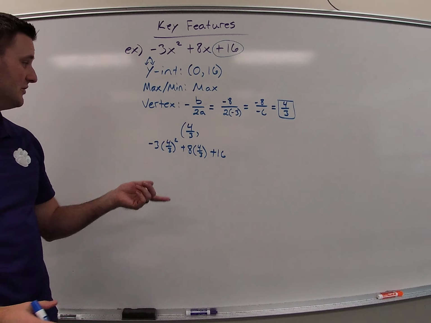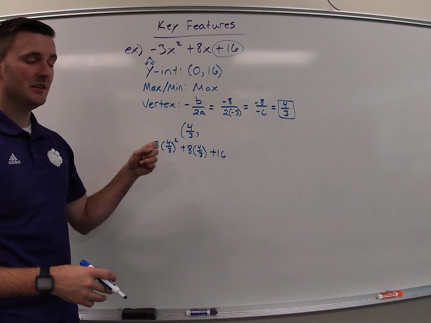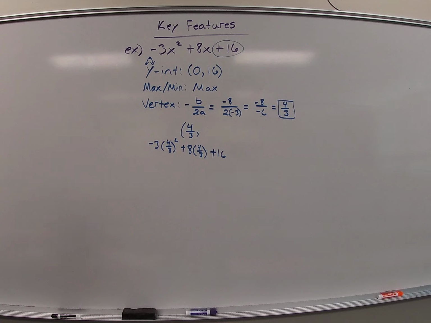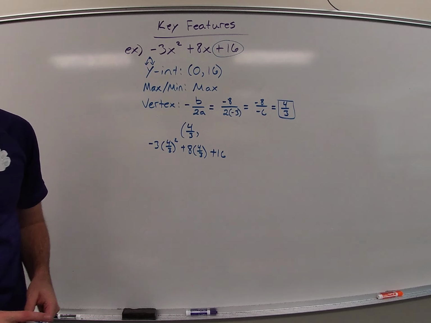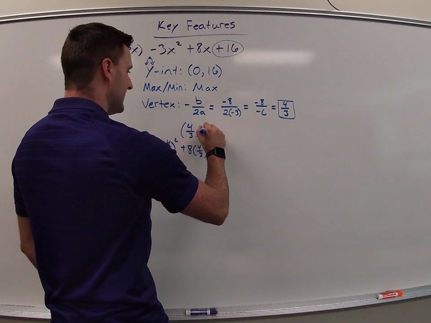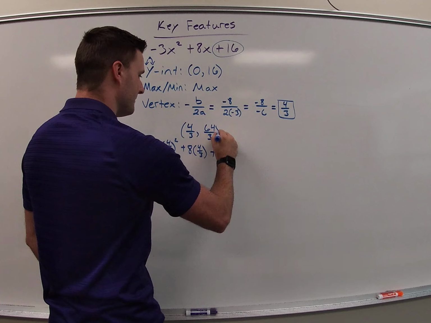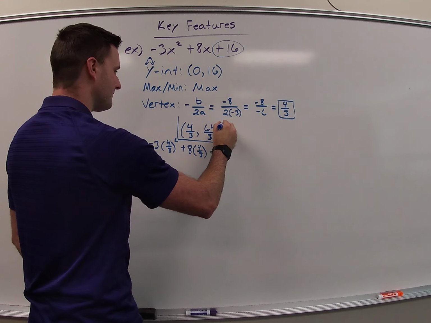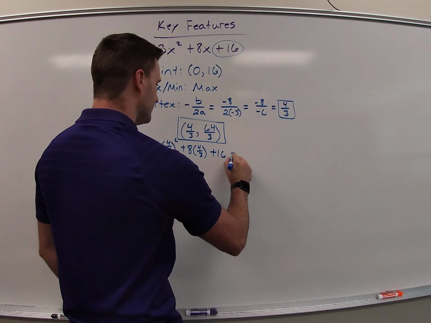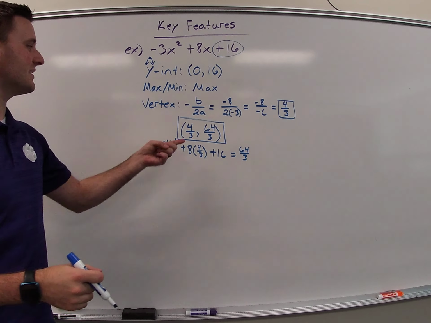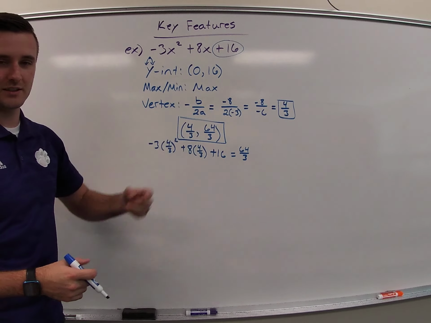And as you plug that in using the square and the negatives and parentheses all in the right spots, I'm going to cheat here. You're going to get a vertex at 64 over 3. So when you plug that in and you hit math, enter, enter, your y value is 64 over 3. And so this is going to be your answer. Meaning when x is 4 over 3, then y is 64 over 3.